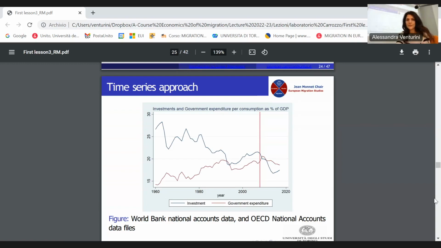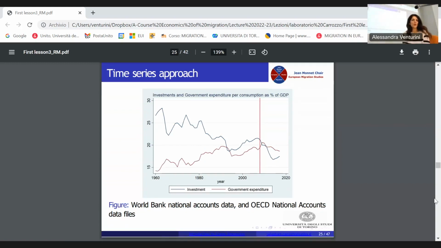Okay, time series approach, which is the simplest one, using macro data. This figure shows us the relationship between the investment and the government expenditure per consumption as percent of GDP. I want to say one thing.